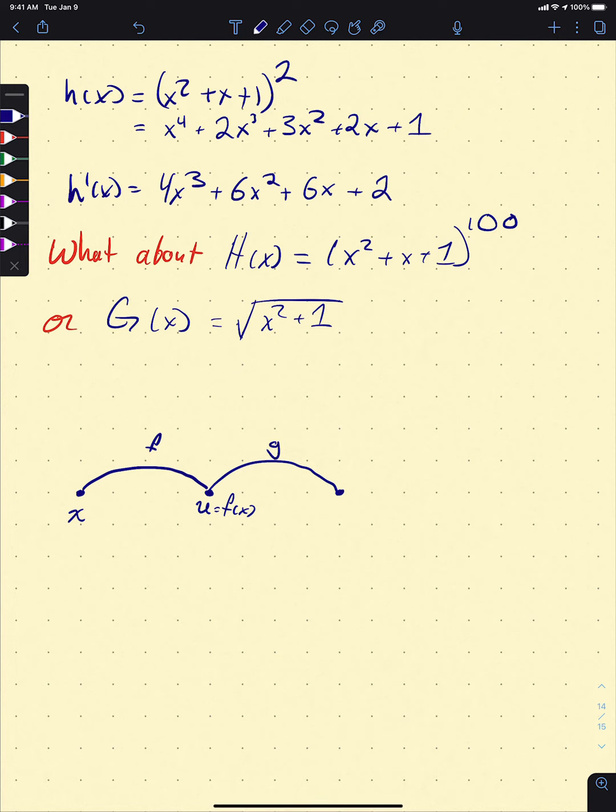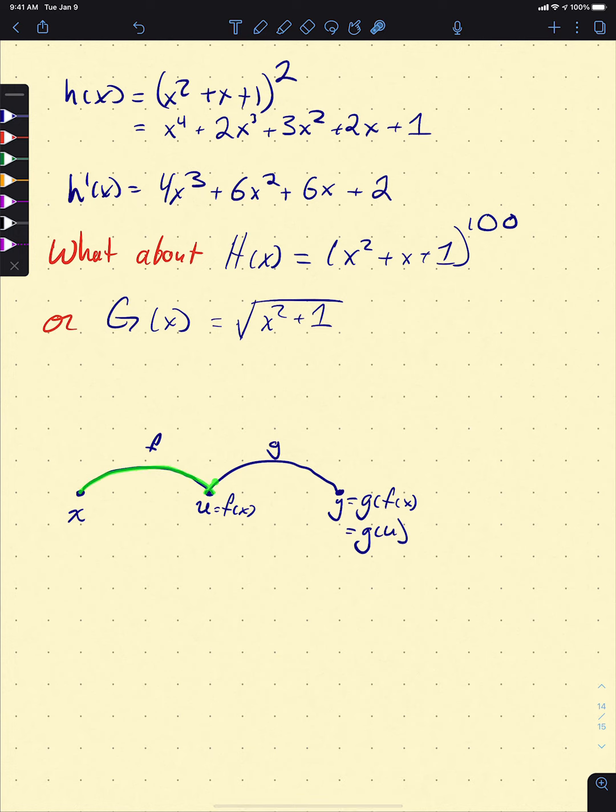And then we apply a second function g to it, right? And we get, say, y, which is g of f of x, or it's also, notice, g of u, okay?